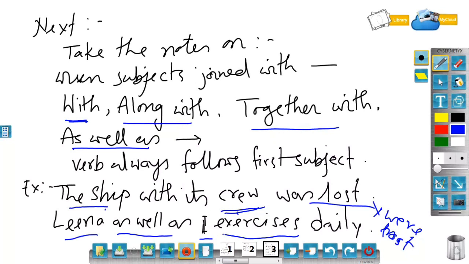But when both subjects are joined with as well as, then the verb will be according to Lina. Lina is third person singular, so the verb will add an s or es.